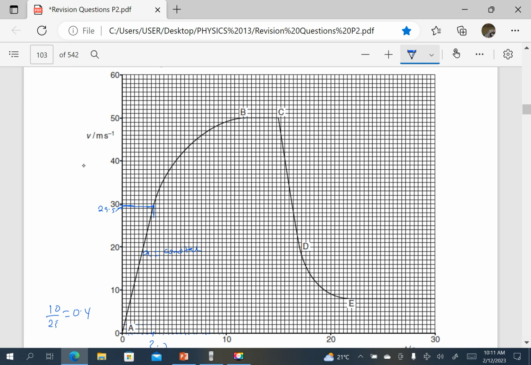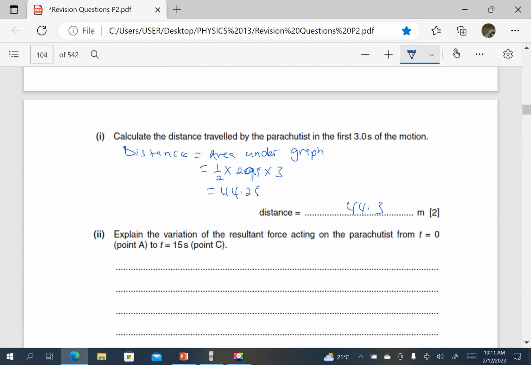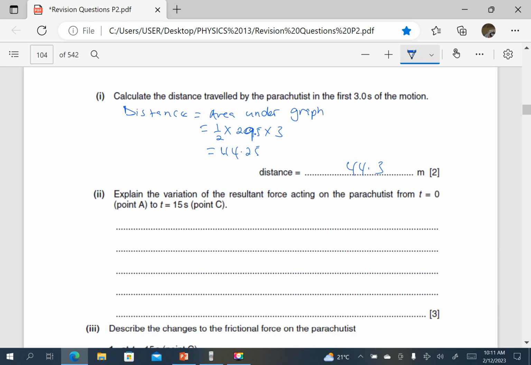So what happens after point B? It means that at that point between B and C, the force due to friction or air resistance must be equal to the weight at that point. Therefore, we shall say that the resultant force, because the parachutist is falling downwards, the weight is downwards, air resistance is upwards. So all the friction force is upwards.